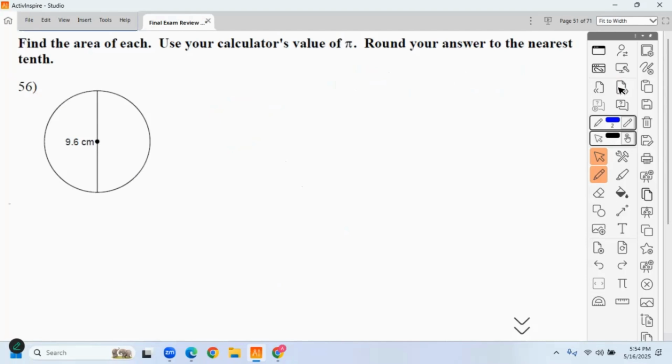Find the area. So let's go ahead and find the area real quick. Now, we know the area is equal to pi r squared, but this is not the r. This is the diameter, right? So the radius is the r, and half of 9.6 is 4.8. So this is going to be what we're looking for. So pi, and it's going to be 4.8 squared.